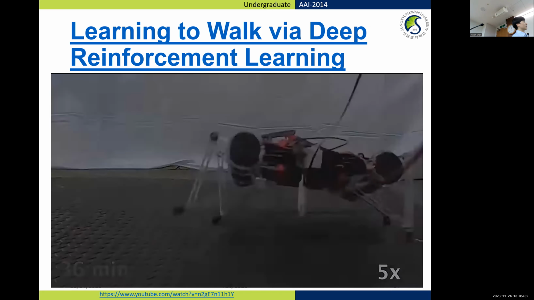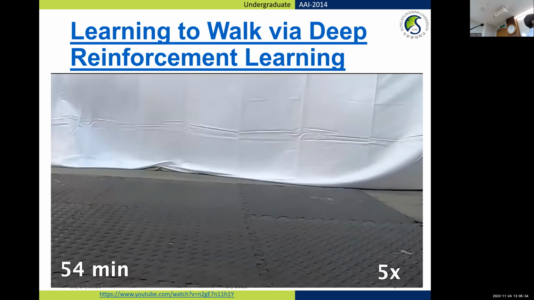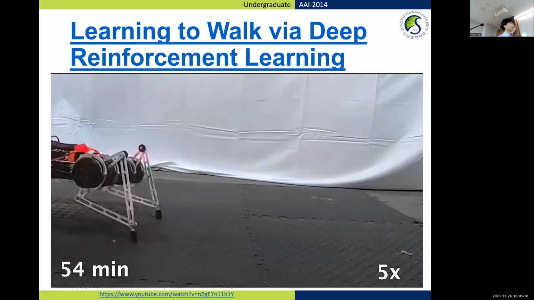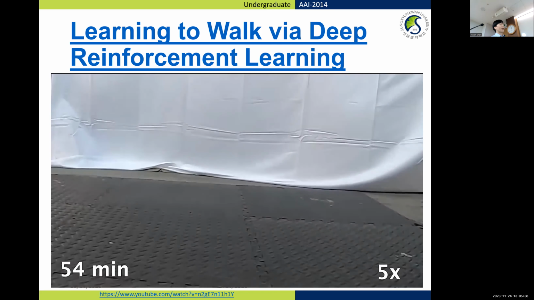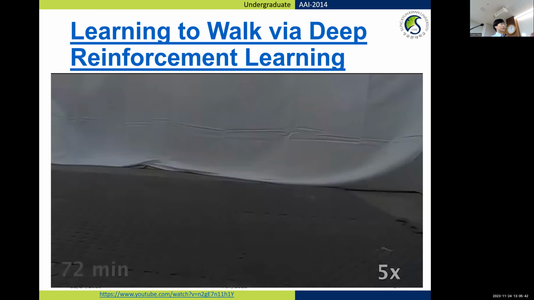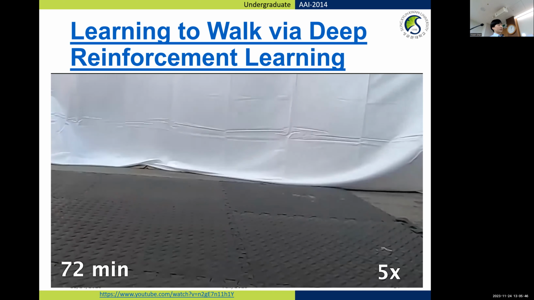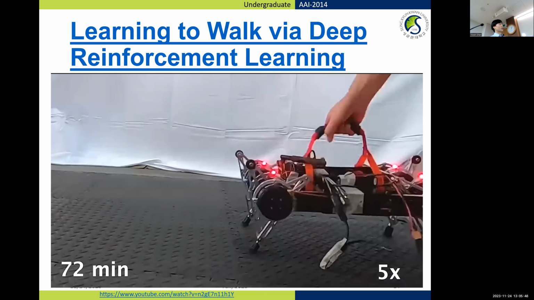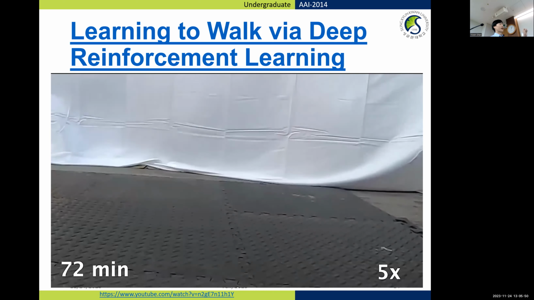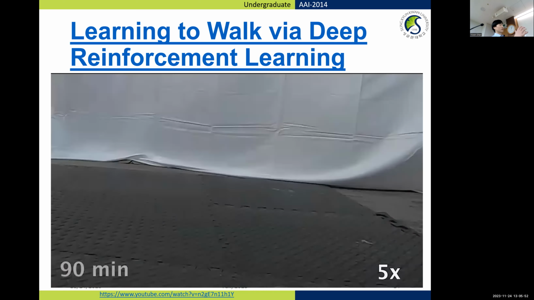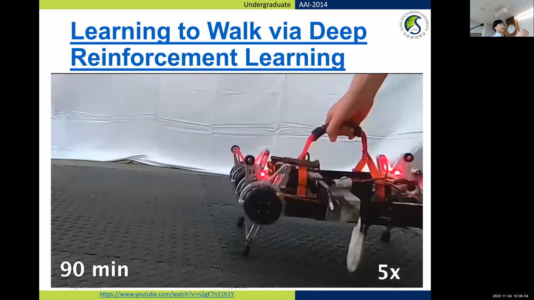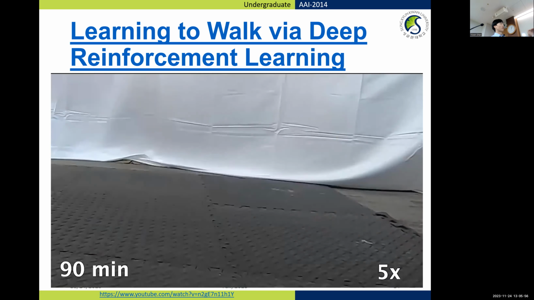After almost an hour of training, it learned how to walk forward, right? Now the computer inside this machine can generate a policy for the 4 motors, how to rotate them and move forward.